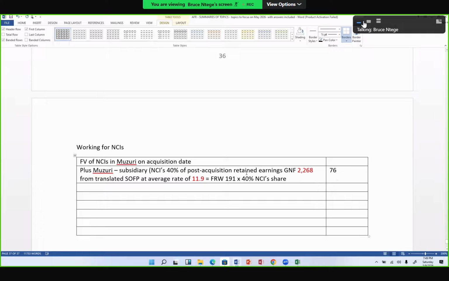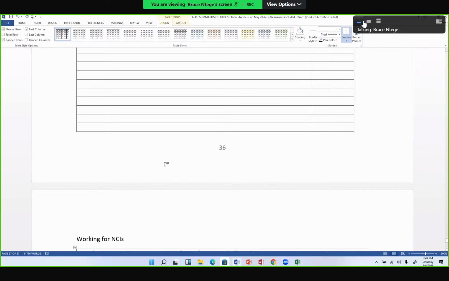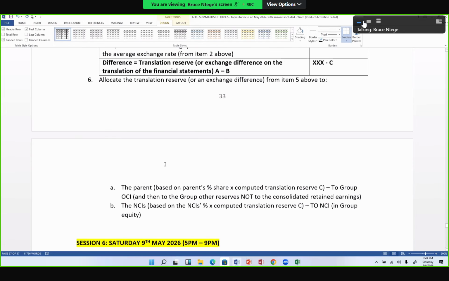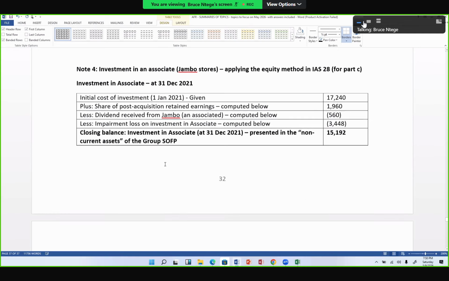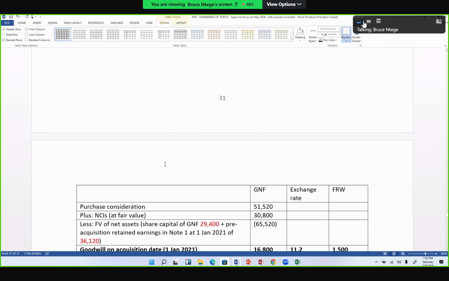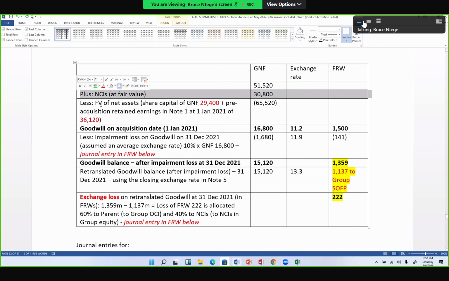Now, if I go back here, the fair value of the non-controlling interest on acquisition date, I'll pick it from the goodwill working. In the goodwill working, we said that the non-controlling interest on that date at fair value is 3,800.